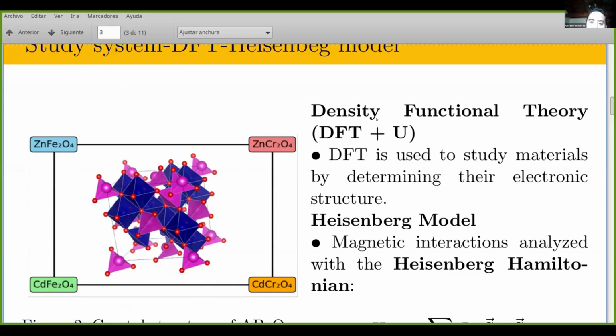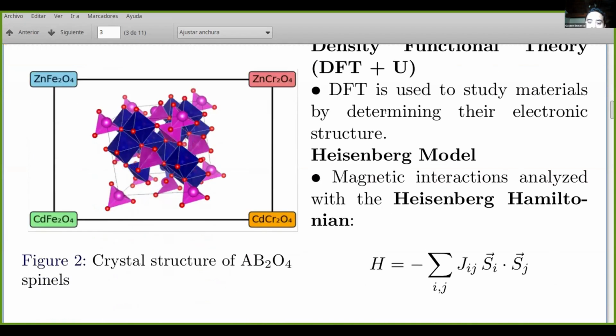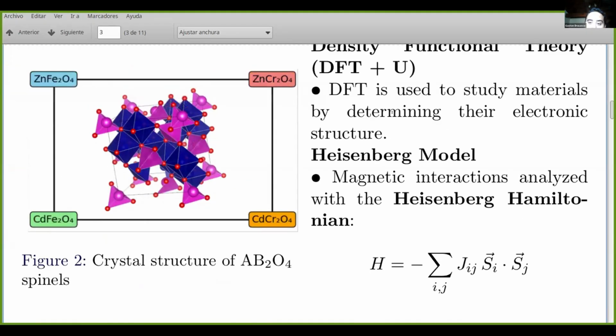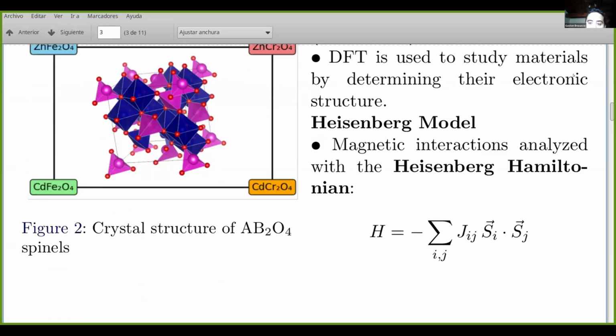For this study, we used density functional theory. DFT is used to study materials by determining their structure and electronic structure. And on the other hand, the Heisenberg model analyzes magnetic interaction with this Hamiltonian.